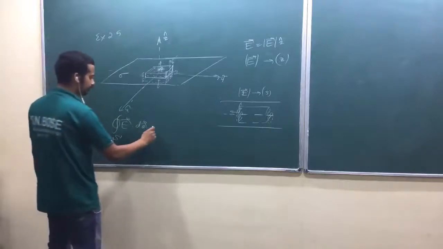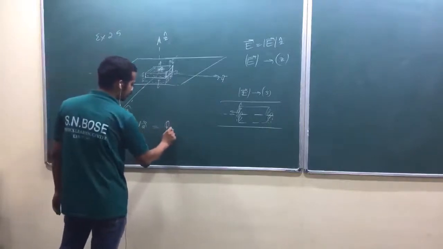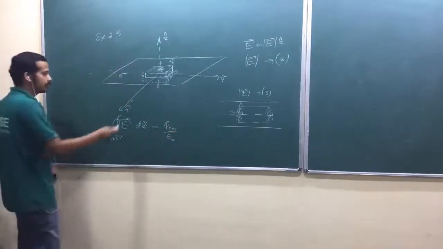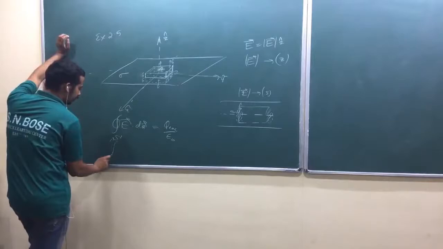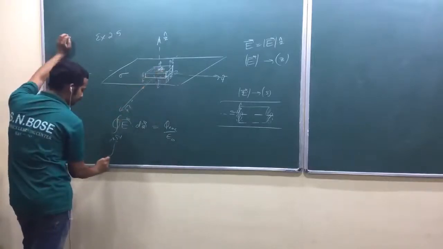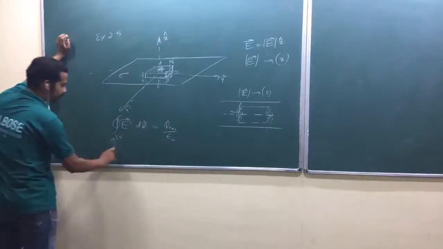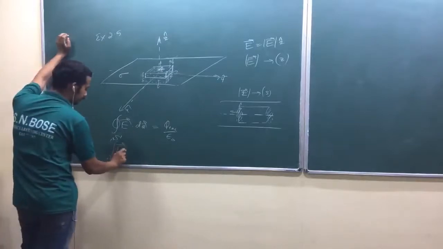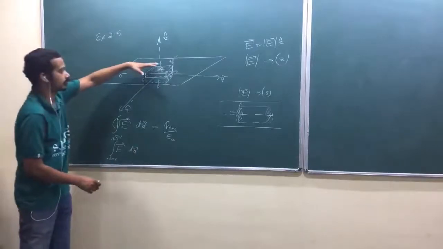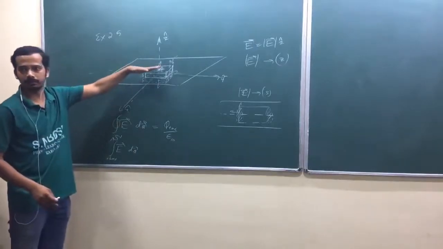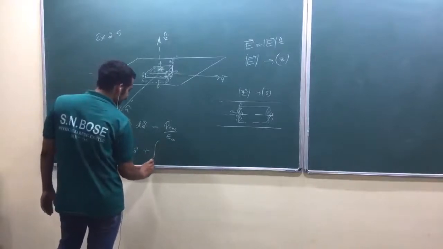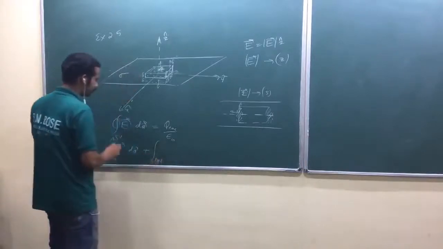Now, this is equal to Q enclosed by epsilon naught, isn't it? Let me separate this: the integral of E dot dA over the above plane, this planar area, plus the edges.